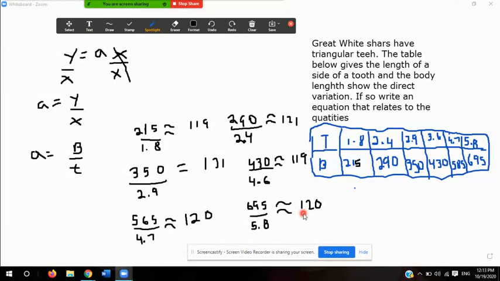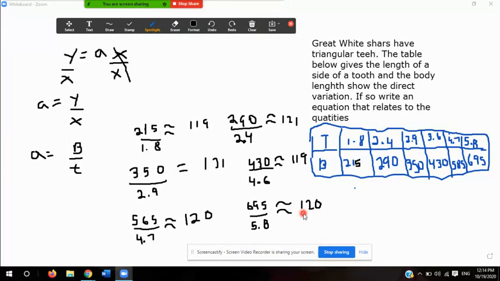If I look at 430 divided by 4.6, I mean 3.6, excuse me, I get 119.44.